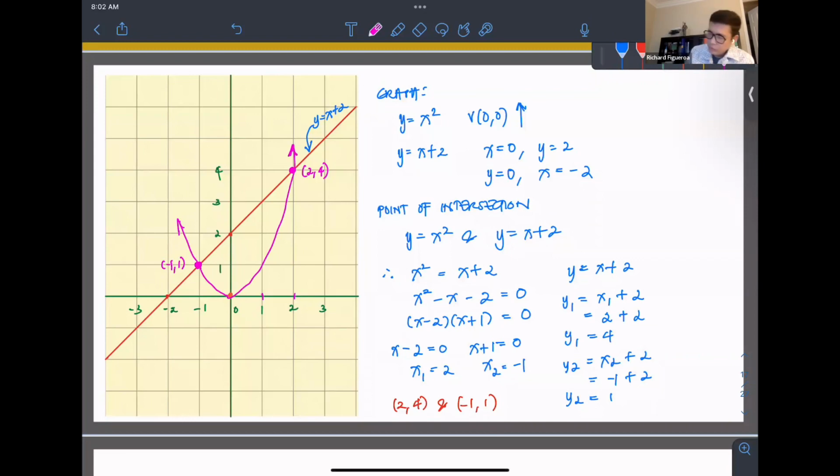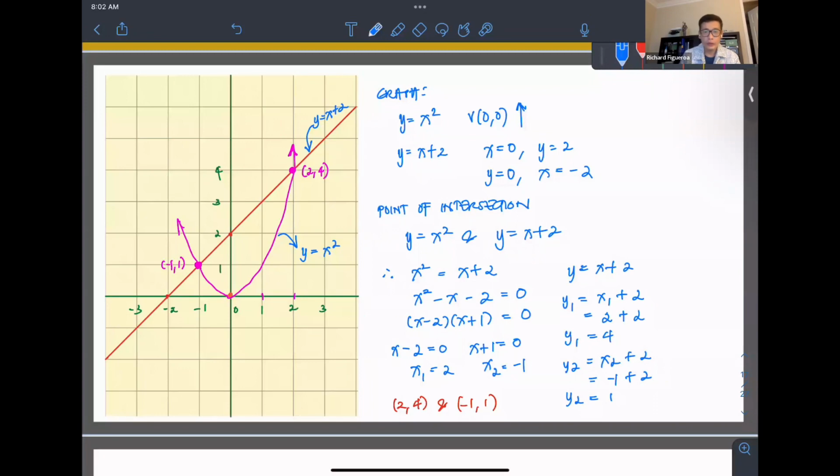That's forming our graph for y equals x squared. So we have the line as well as the curve, for the quadratic equation.